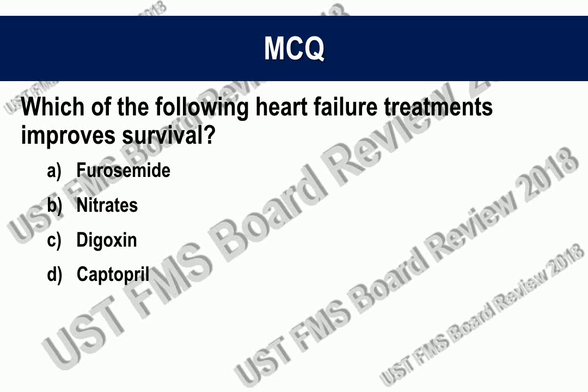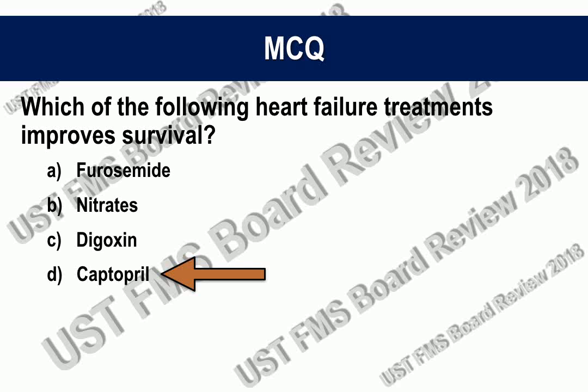Multiple choice. Which of the following heart failure treatments improves survival? So that would be your ACE inhibitor in the form of your captopril. So your diuretics relieve symptoms but do not improve survival. Nitrates likewise improve symptoms but are not shown to improve survival.